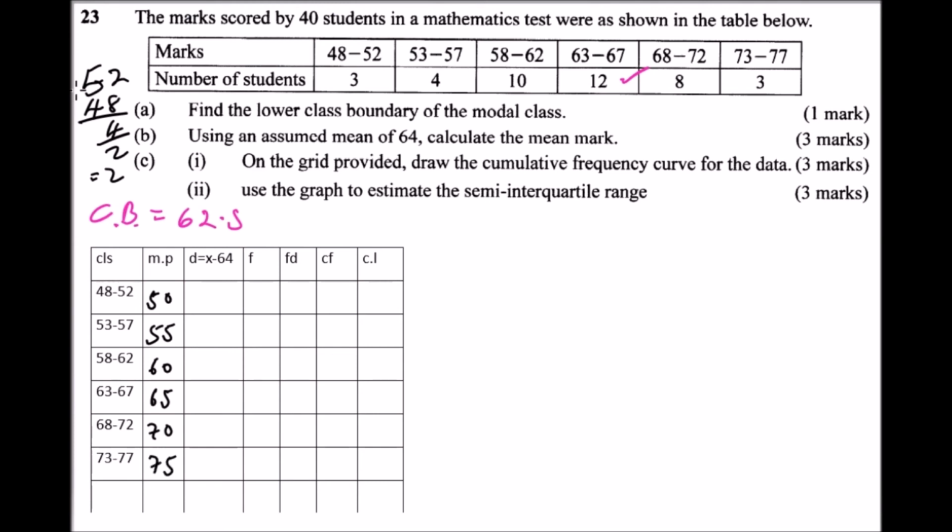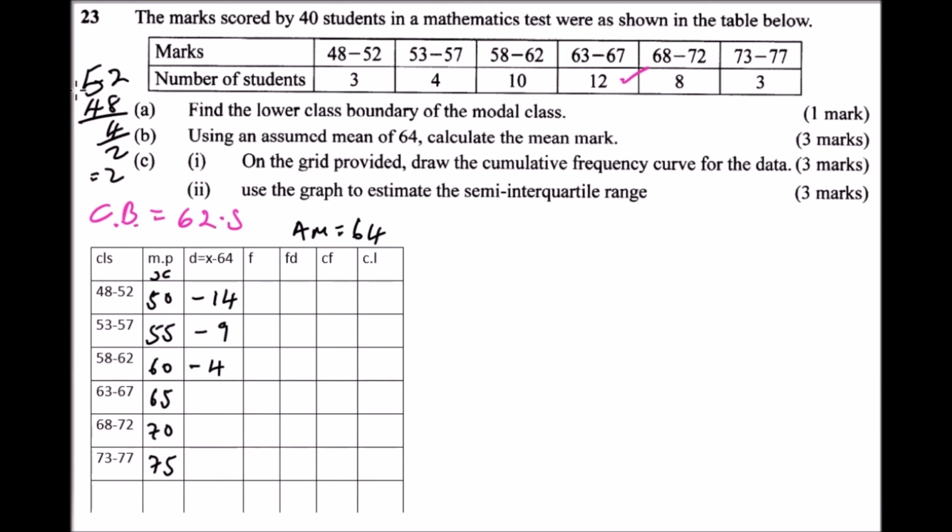From there, since our working mean, the assumed mean, is equal to 64, we subtract it from the midpoint to get the deviation d. So 50 minus 64, you'll be left with minus 14. This you'll be left with minus 9. This minus 4.